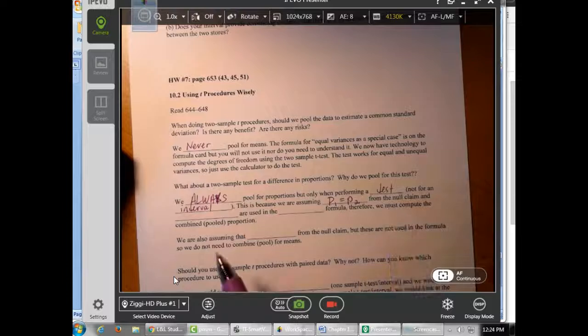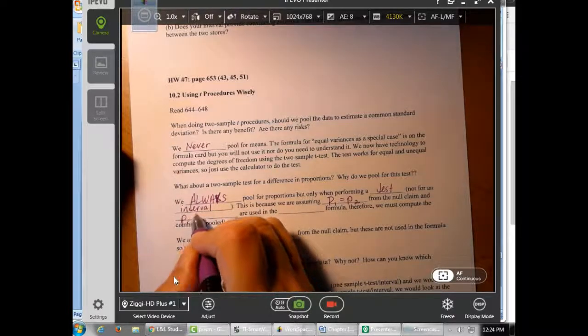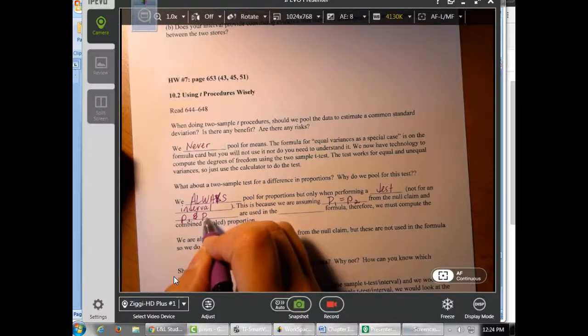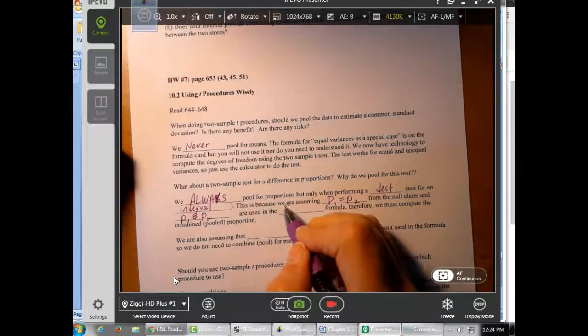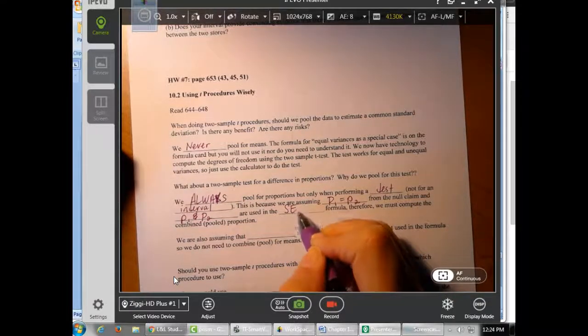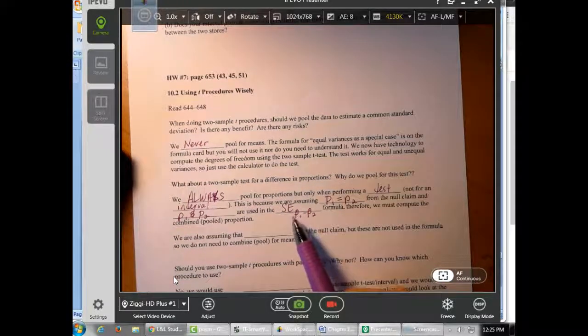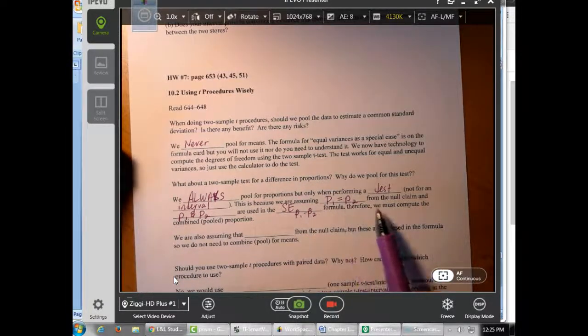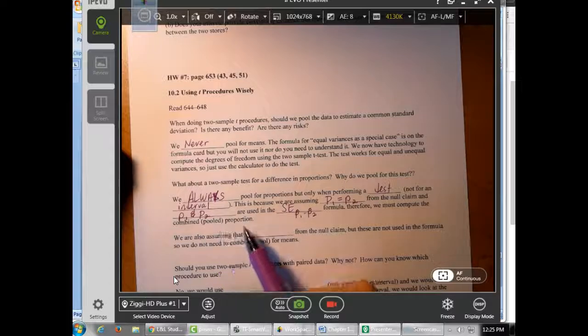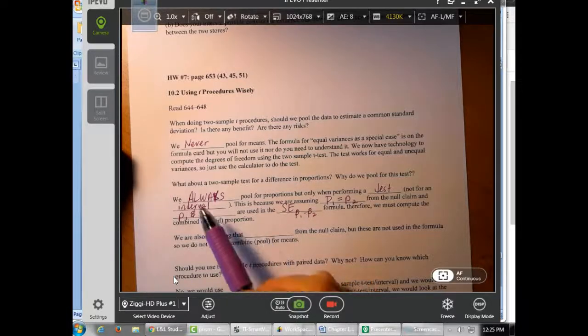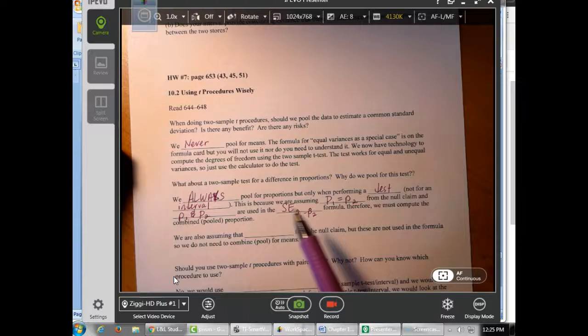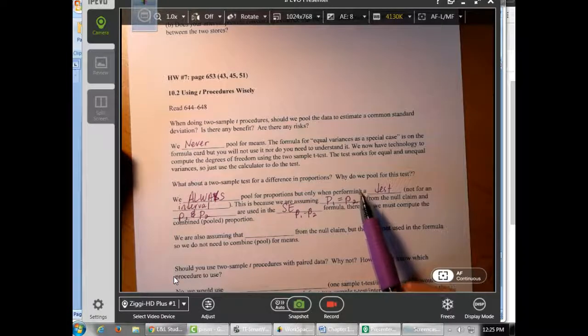And therefore, p sub 1 and p sub 2 are used in the standard error formula for p hat sub 1 minus p hat sub 2. So I'll go over that in just a second. Therefore, we must compute the combined pooled proportion. So we always pool for proportions for a test only.